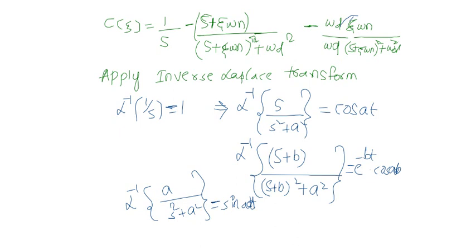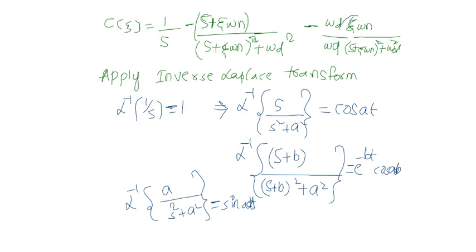In place of a we are having omega d, and the e power zeta omega n term is a common term. So I am applying the inverse Laplace transform and writing the equation.